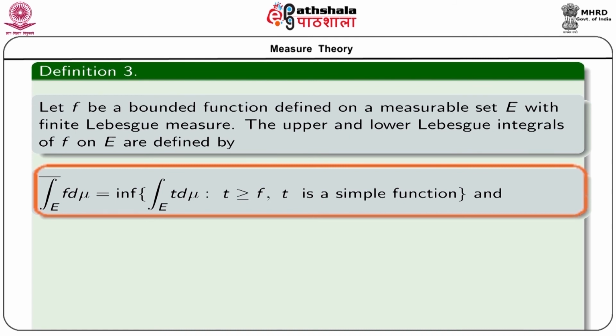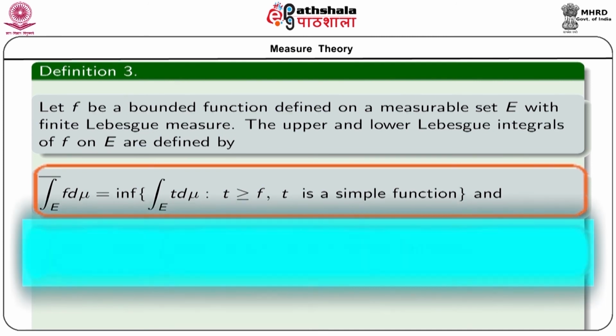This is defined as the infimum of all possible integrals of t d mu over E, where t is a simple function and t is greater than or equal to f.